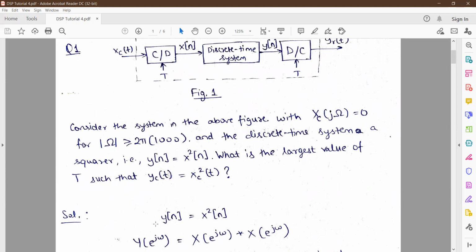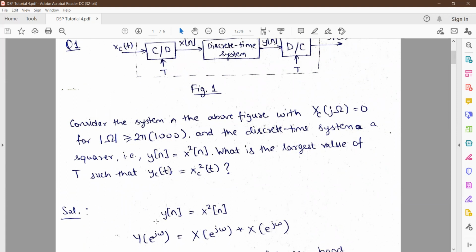Now, if we look at this in the frequency domain, then by taking the DTFT of both sides, clearly the right hand side will be the convolution of the spectrum of X(e^jω) with itself, because in the time domain it was a product, so in the frequency domain it will become a convolution.